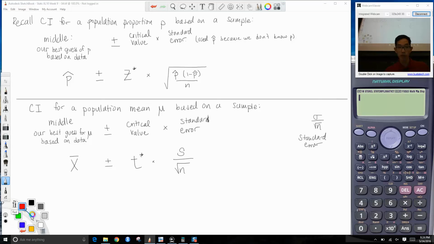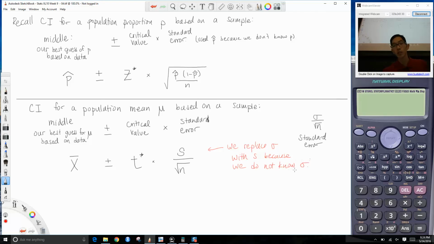We replace sigma with S because we do not know sigma. We don't know the population standard deviation, so we plug in the standard deviation of the sample. So our confidence interval for the population mean mu is x bar plus or minus t star times s over the square root of n.